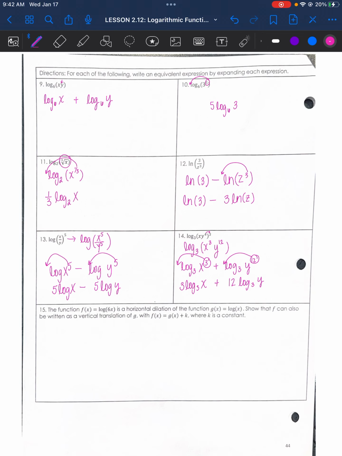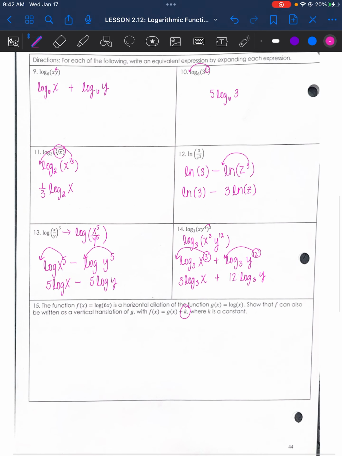So vertical translations have a number added outside. So basically what we want to do is convert this log of 6x to log of x plus something.